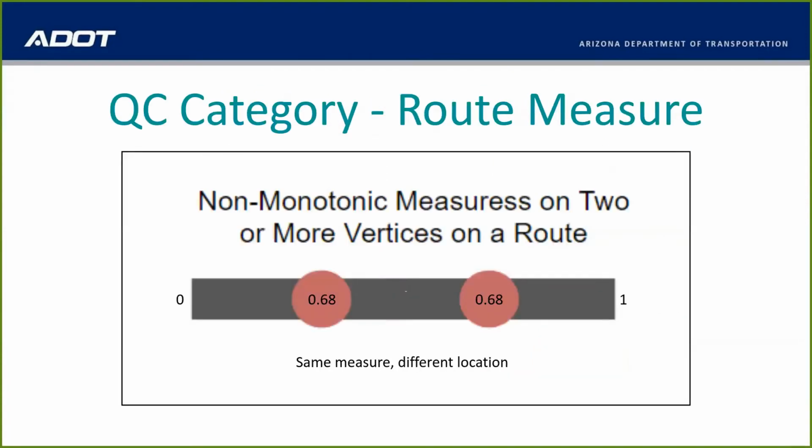Then route QC, this is also from John and Sean. In route QC, one of the things hidden and difficult to identify is non-monotonic measurement.